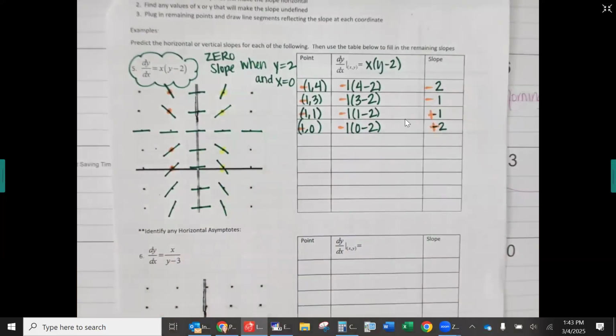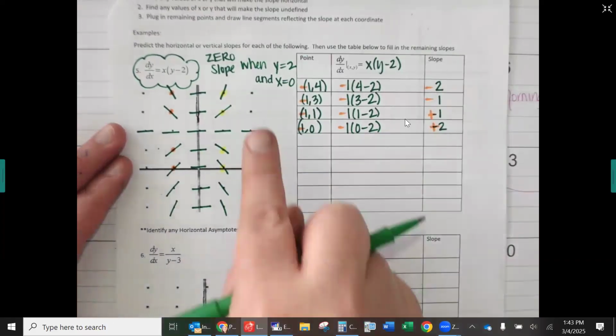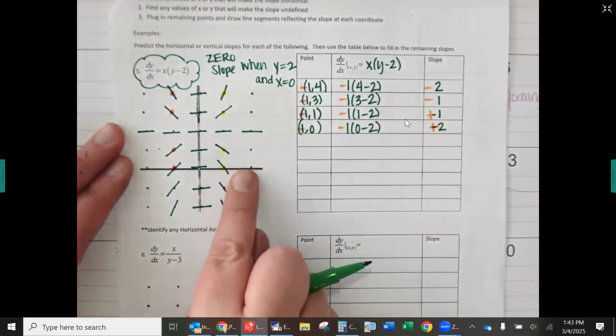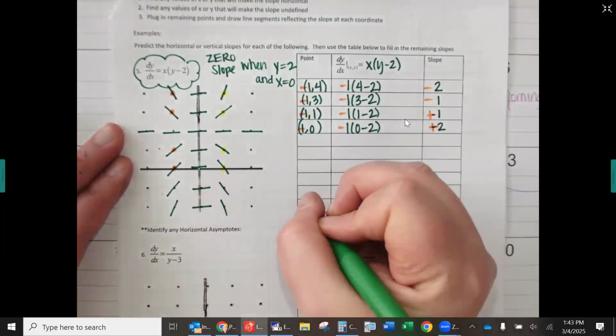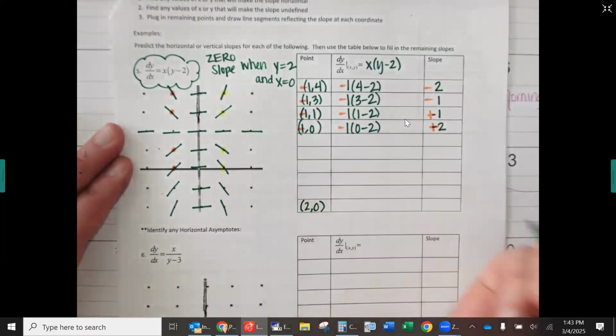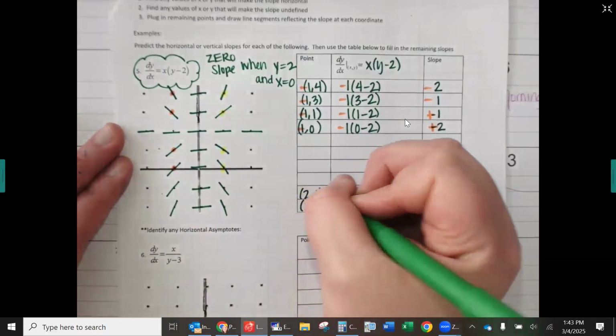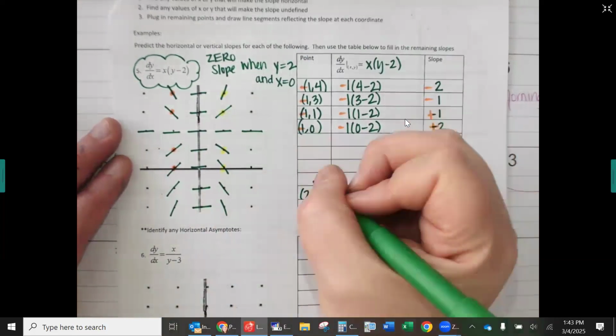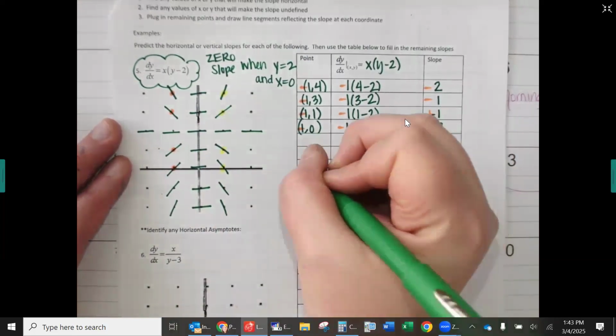Okay, all right, the last column we need to do is this one right here. So if this is 1, 0, this would be 2, 0. Then 2, 1. I'm going to skip 2, 2, because I already know it's going to be 0. And then I'll go to 2, 3, and 2, 4.